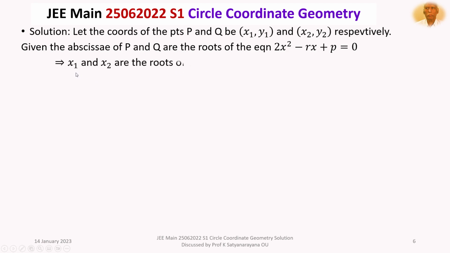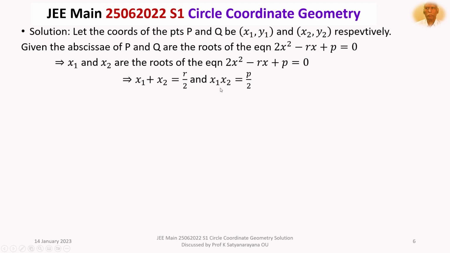Therefore, the sum of the roots x1 plus x2 is equal to minus the coefficient of x by the coefficient of x square, that is minus of minus r by 2, that is r by 2.